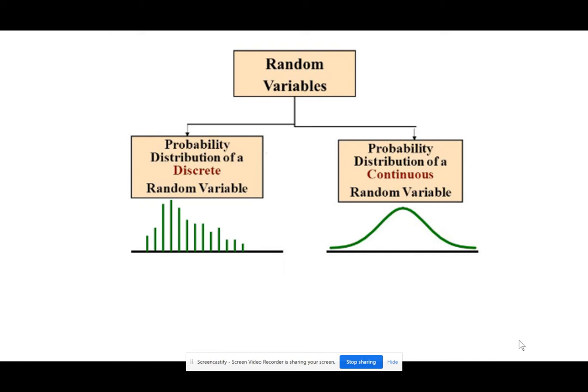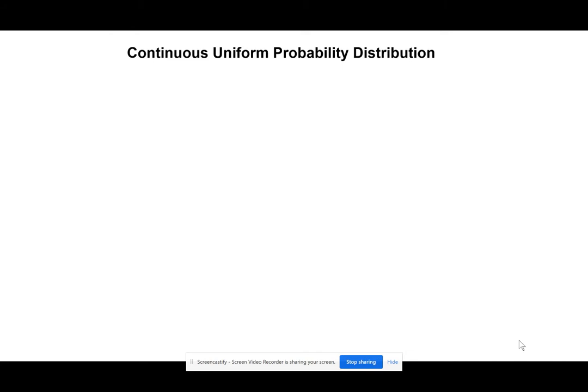We're going to look at two more distributions here that are both continuous. And we're going to first talk about the continuous uniform probability distribution. So if you think about a random number generator, and if we put in a zero for our minimum and a one for our maximum, we could have an infinite number of numbers generated that are between zero and one, just depending upon how many decimal spaces we went out to.